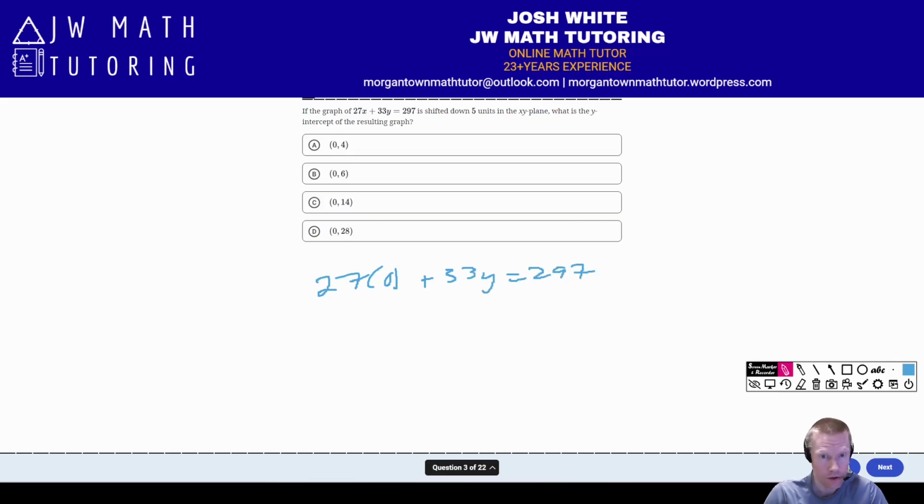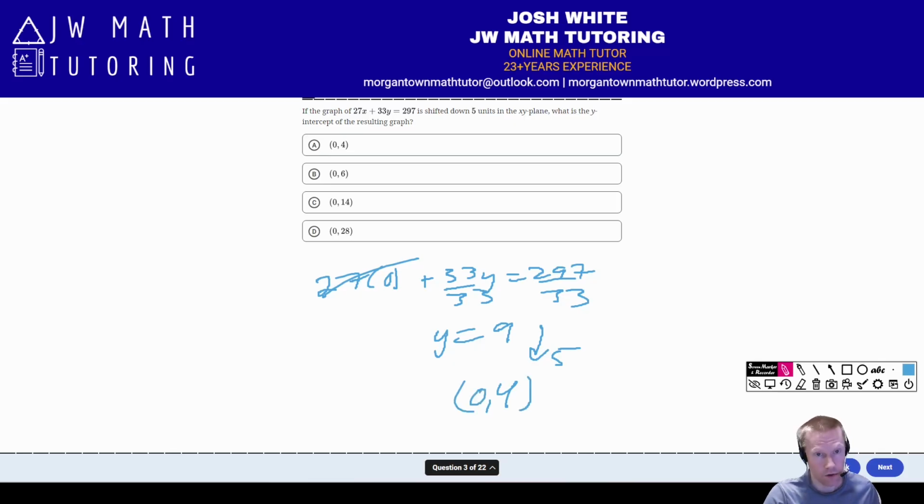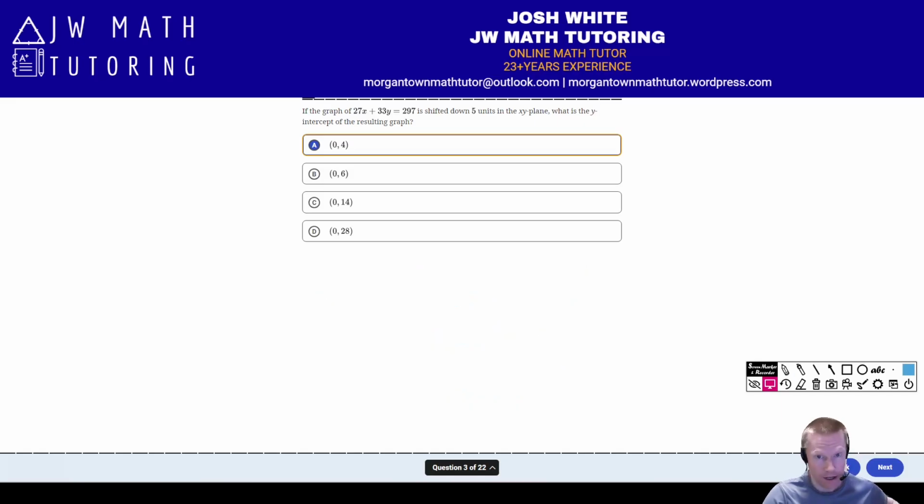So this whole thing becomes 0. You just divide by 33, and you're going to get y equals 9. You can obviously do this in Desmos if you don't know it off the top of your head. Then all you have to do is shift it down 5 units. So if the y-intercept is at 0, 9, when you shift it down 5 units, it's now going to be at 4, or as a point, 0, 4. So the correct answer is going to be letter A.